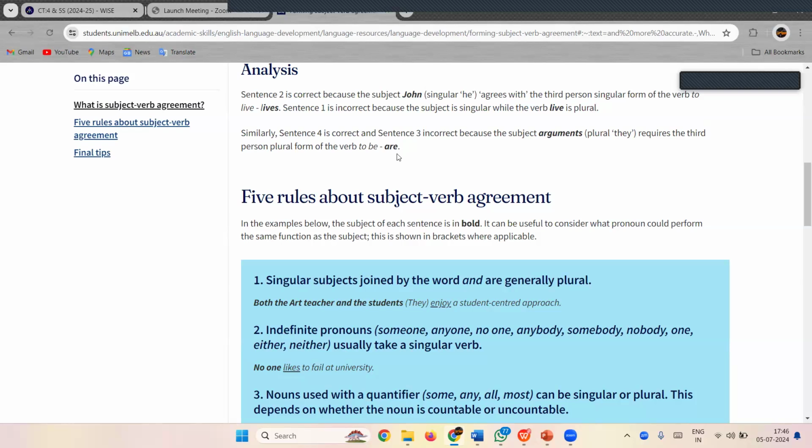If you are very good in subject-verb agreement, you can speak good English. Most people have problems in it. It seems very easy when I ask you questions, but when it comes to talking or writing on your own, you might not even know you made a mistake. So you have to know these five rules.